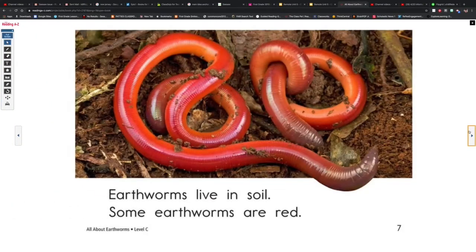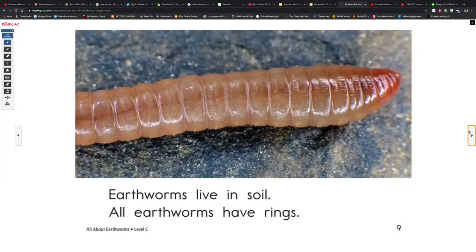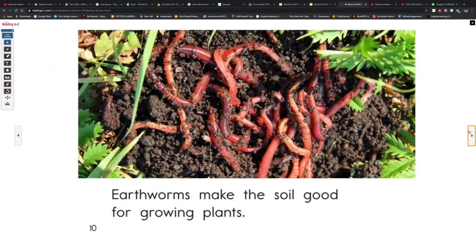Some earthworms are red. A few earthworms are blue. All earthworms have rings. Earthworms make the soil good for growing plants.